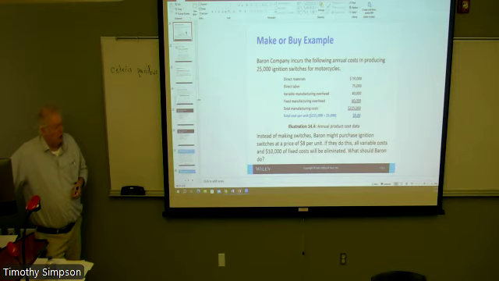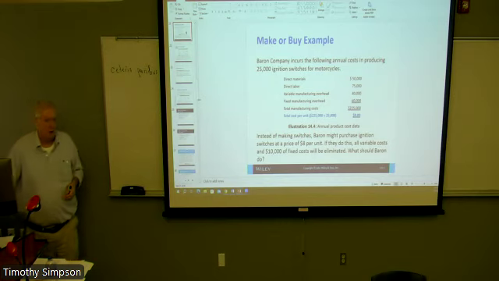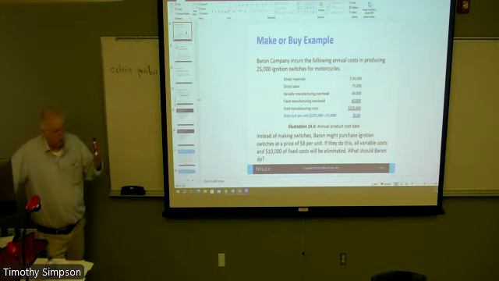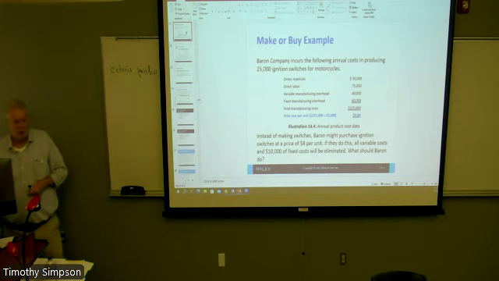And the two really are not compatible. They're binary decisions. However, there are cases, as we'll see a bit later, where companies can split the difference, producing part of it and buying part of it. But this is the initial scenario, that we have one thing versus another.